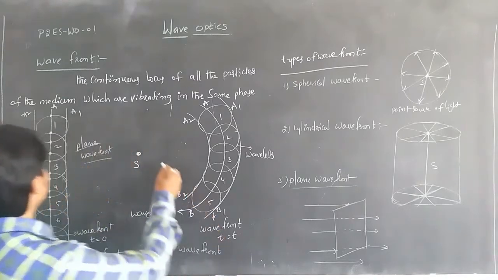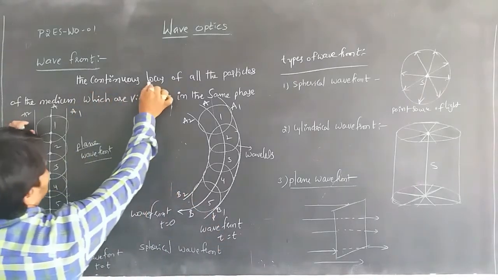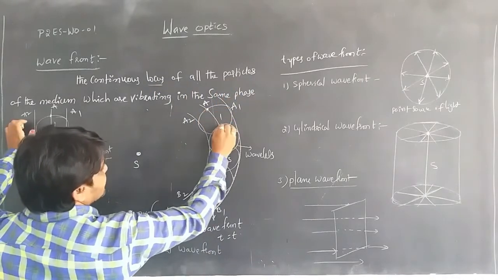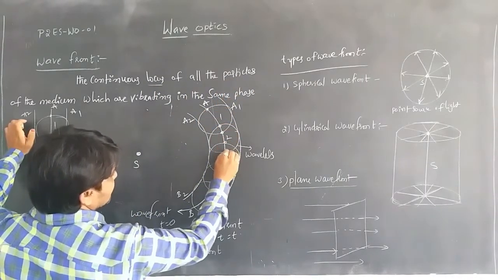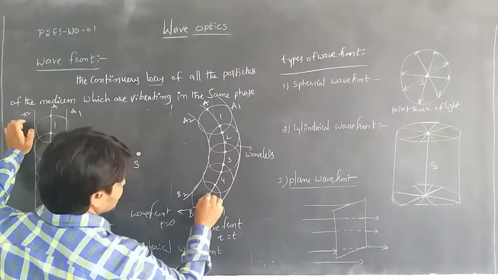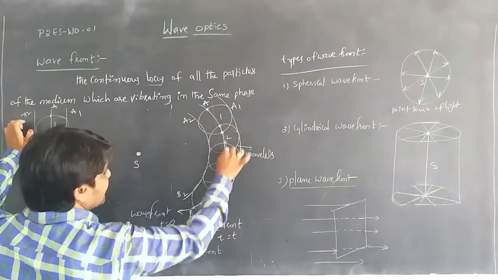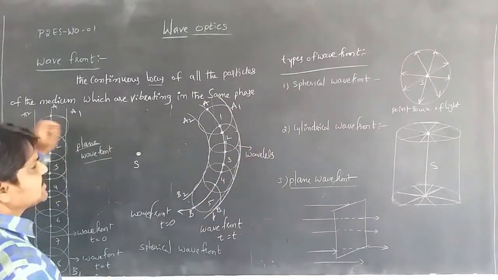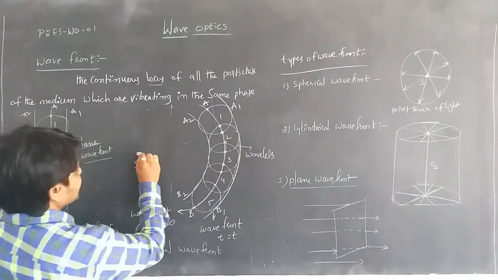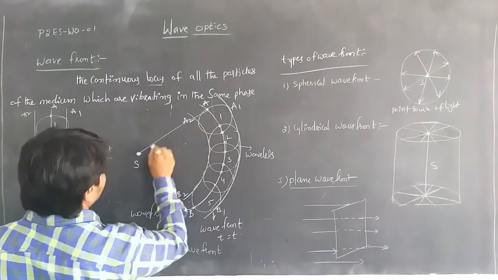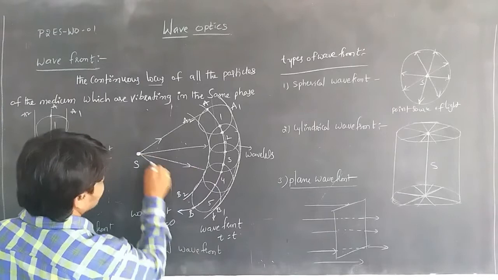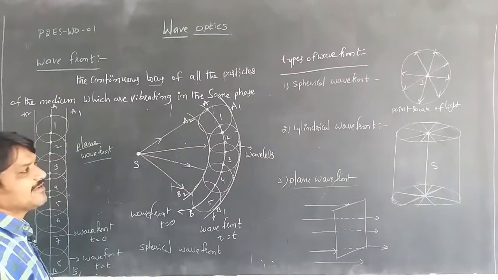It is the continuous locus of all the particles vibrating in the same phase. When it travels from the source, this is a diffracted wave front.